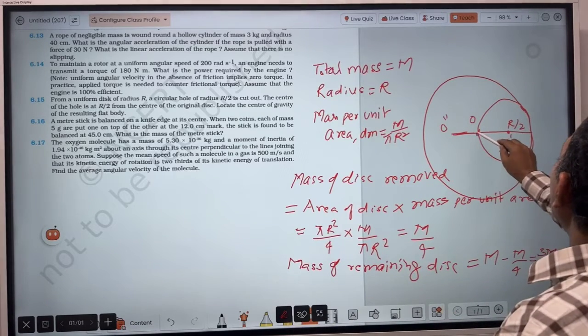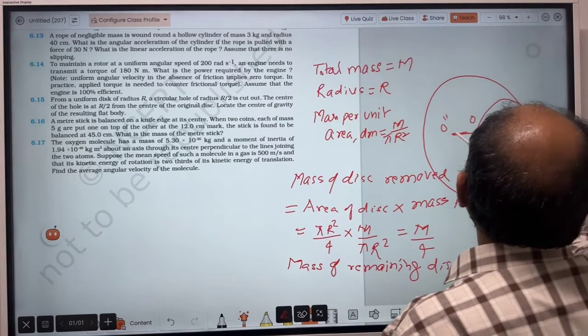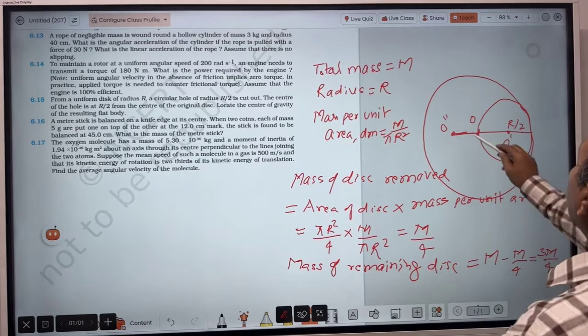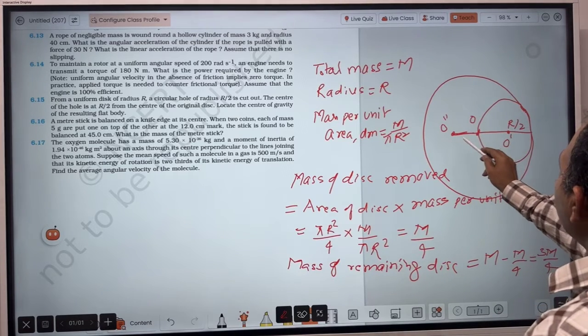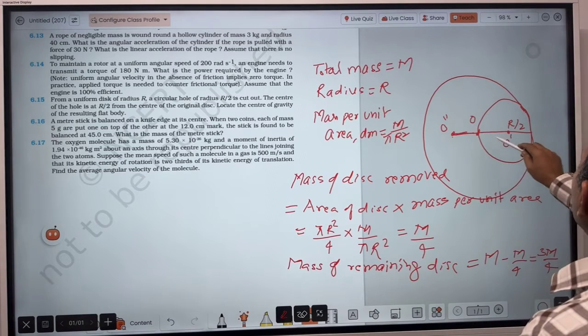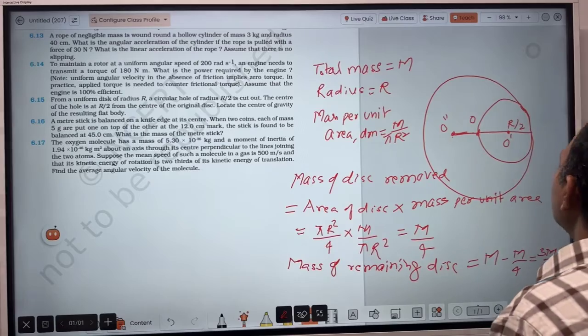Now what we can do, we can take moment about this. Suppose the new center of mass lies here, so we can take moment. The moment about this, for this mass 3M by 4, must be equal to the moment of this mass.